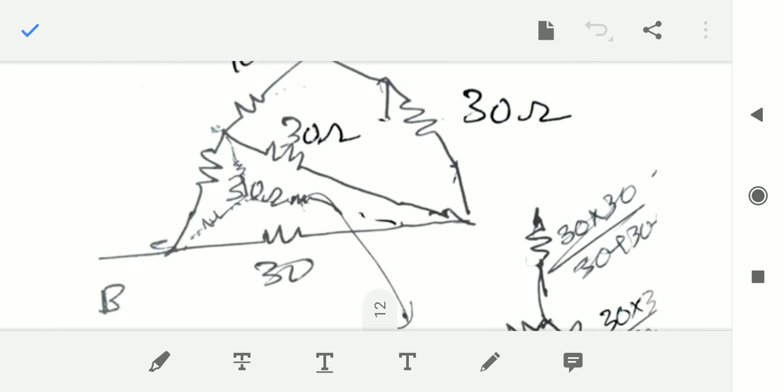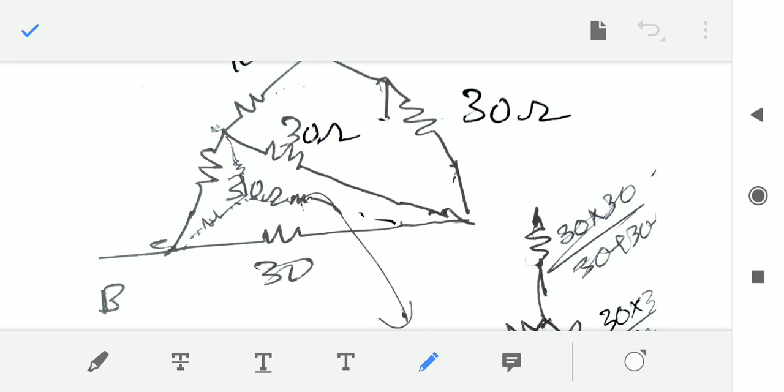You know what we have to do: put one dot at the center, and that dot should be connected to the three ends. After doing this, we can neglect these three resistances. The value of these star resistances you know how to calculate: 30 into 30 divided by the sum of the resistances.